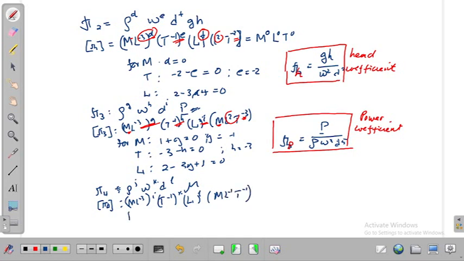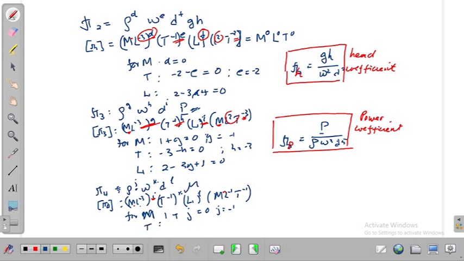So again, we analyze for m, and for m we have i there, and we have 1 there. So for m, we'll be able to say that 1 plus j is equals to 0, and j is equals to minus 1.